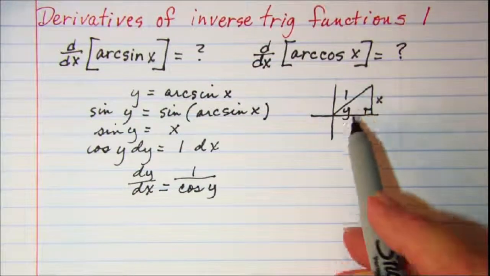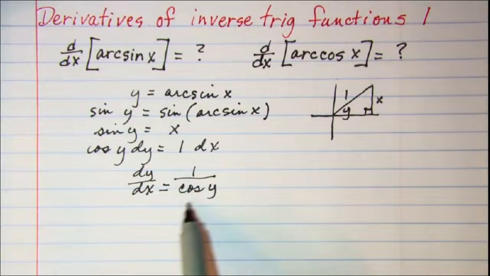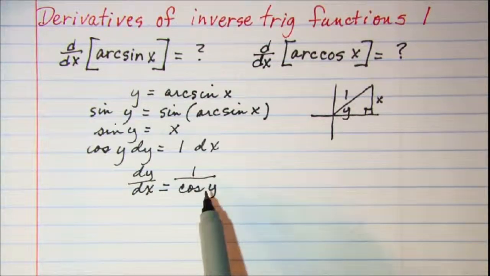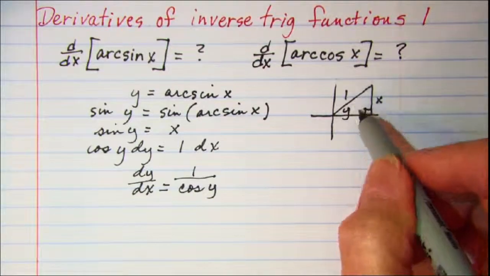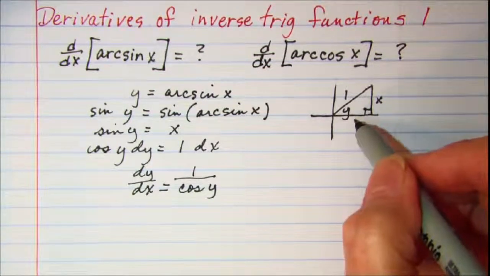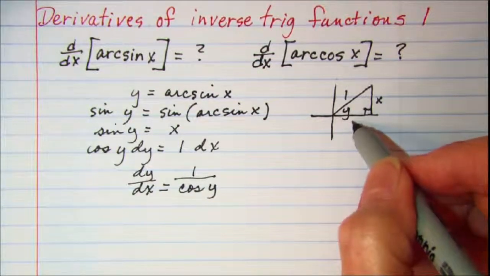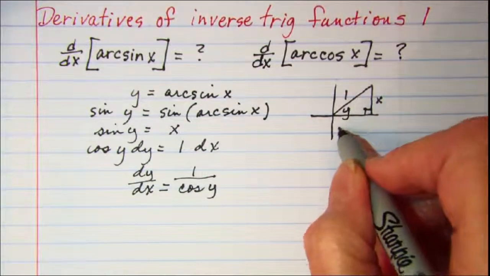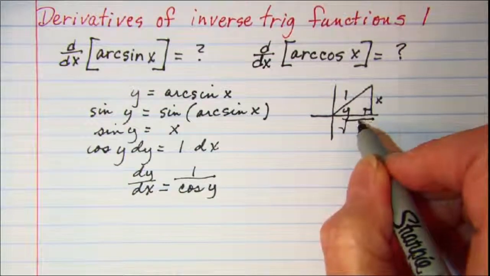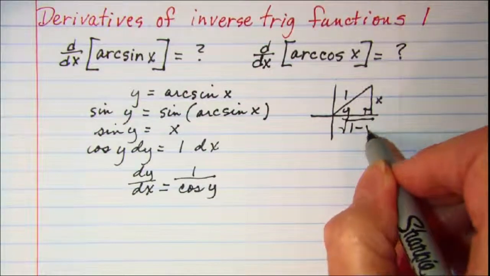Now we'll use our reference triangle to find the cosine of y. Cosine is defined as adjacent over hypotenuse, so I'm going to need to use the Pythagorean theorem to get this adjacent side, and we know that it's the square root of 1 minus x squared.